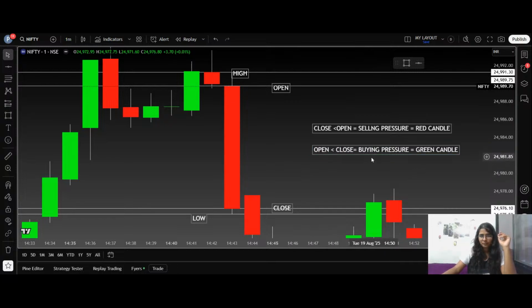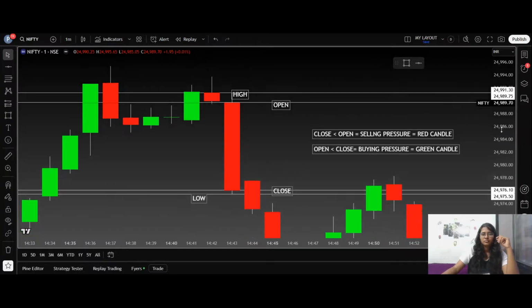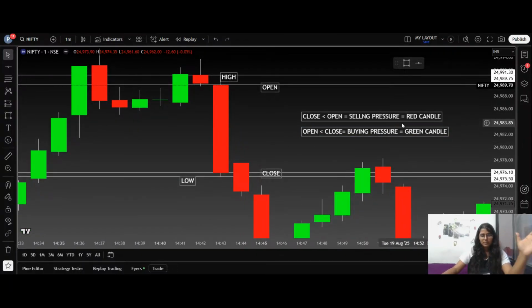Okay, you guys may take the screenshots. This is our reference candle, as you can see. I hope it is very much clear to you what the standard candlestick patterns are. If it is clear to you, then we will move further. Okay, I hope it is clear to you.